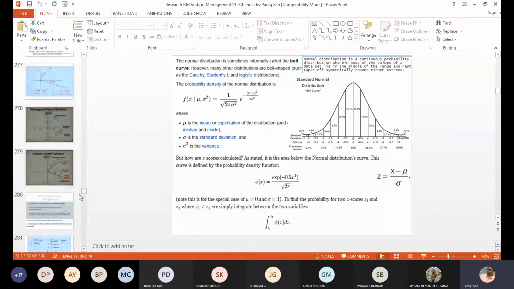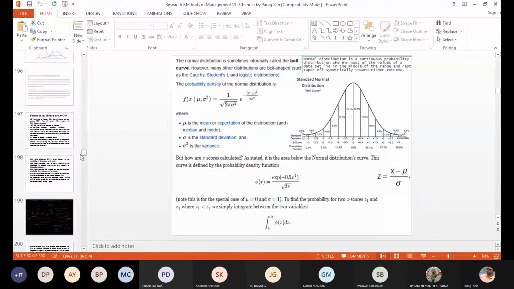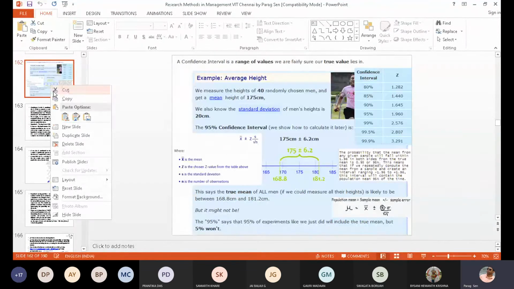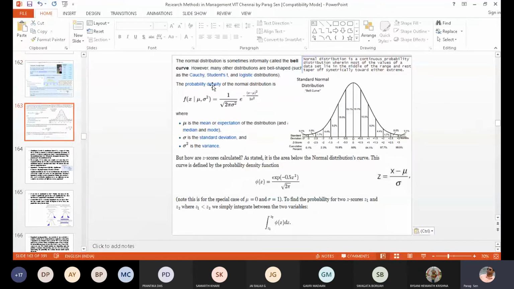I'm copying this and pasting it here. So here you can see that this is the normal distribution, and here the probability density is given. When you are using the standard normal distribution or Z distribution, the mean will be 0.